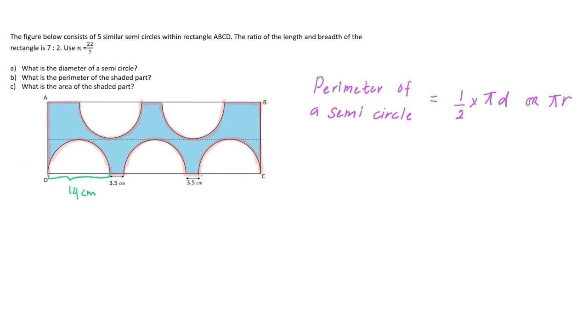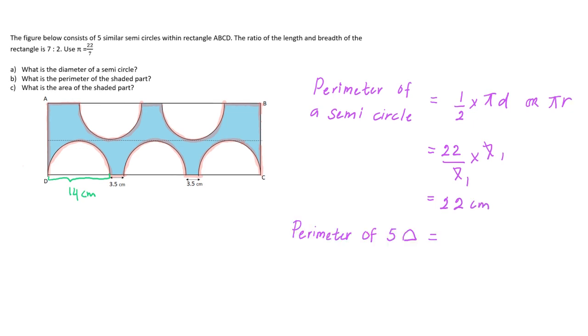We know that the radius is 7 centimeters. So pi is 22/7 and the radius is 7 centimeters. Therefore, the perimeter of one semicircle would be 22 centimeters. Therefore, the perimeter of 5 such similar semicircles would be 22 times 5, which is 110 centimeters.